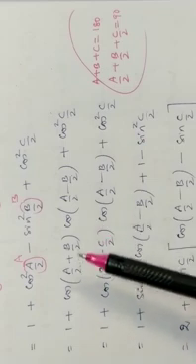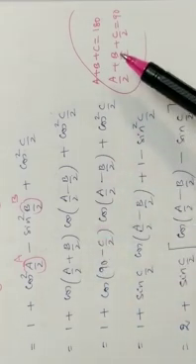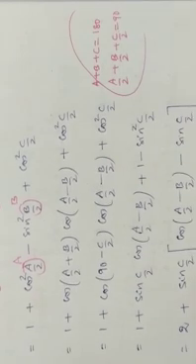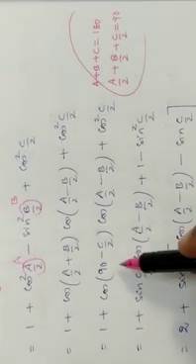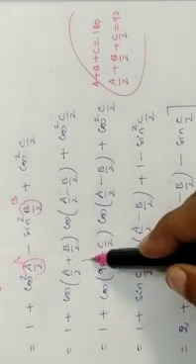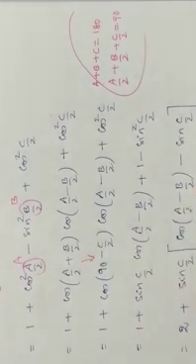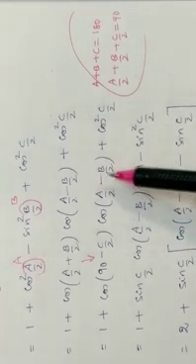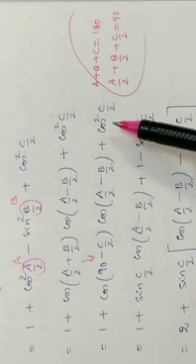In the place of a by 2 plus b by 2, I can take 90 minus c by 2. So, in the place of a by 2 plus b by 2, I have written 90 minus c by 2. Cos a by 2 minus b by 2 as it is, plus cos square c by 2 as it is.